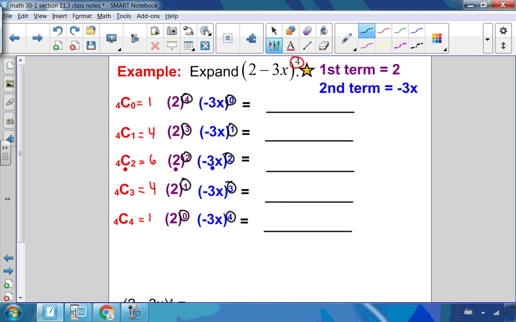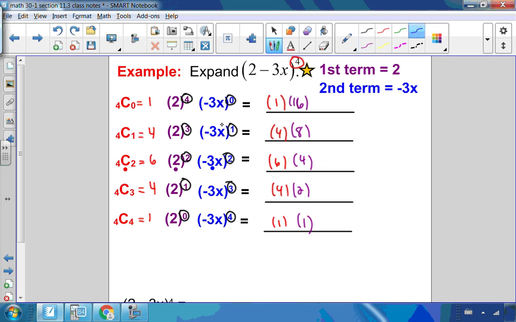Okay? So let's multiply these together. So for my coefficients, I'm going to have 1, 4, 6, 4, and 1. Then I'm going to have 2 exponent 4, which is 16. 2 cubed is 8. 2 squared is 4. 2 to the 1, and 2 to the 0.